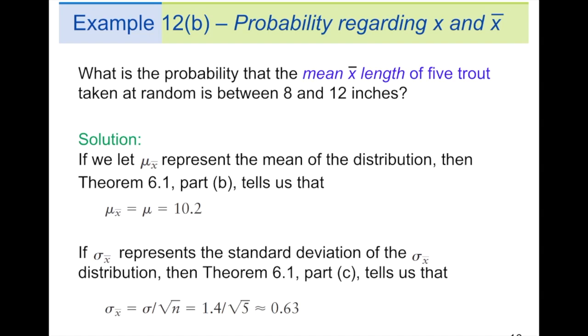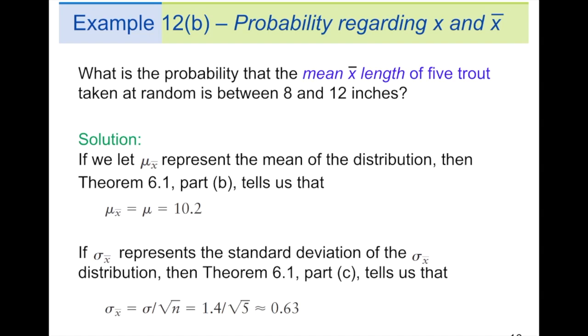What is the probability that the mean x bar length of 5 trout taken at random is between 8 and 12 inches? If we let mu of x bar, that's the mean of x bar, represent the mean of the distribution, then Theorem 6.1 Part B tells us that the mean of x bar is the mean, which is 10.2.